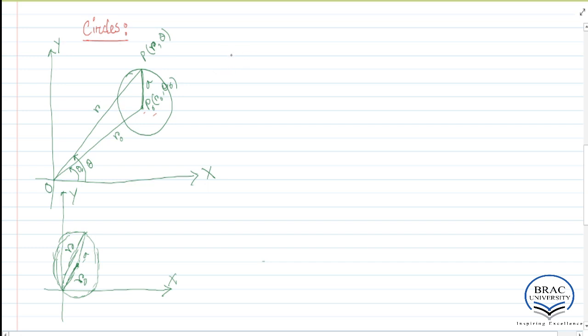We will use the cosine formula for a triangle, which will give us a square equals r square plus r naught square minus 2 r r naught cosine of theta minus theta naught. So we are basically trying to express this side of the triangle POP naught, which is basically the radius of this circle.